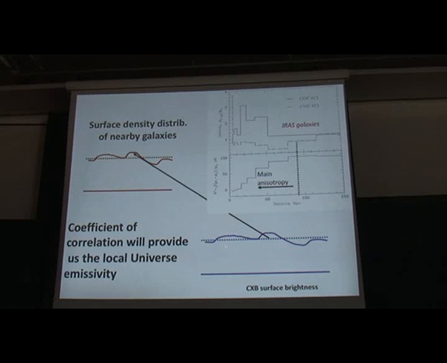And the pattern of the non-sameness of the CXB on the sky is actually recorded by the shape of the density of galaxies in the nearby universe. Because if you consider the very far universe, then it will be absolutely the same, within less than a percent.